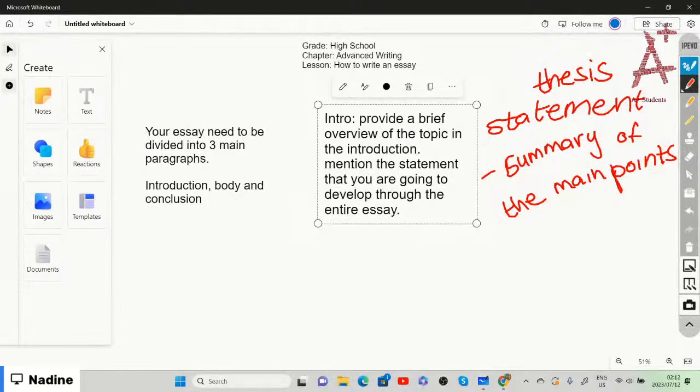It is basically giving us a summary of the main points of the topic that you are discussing or writing about, right?